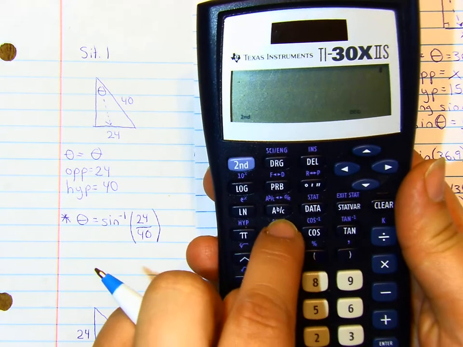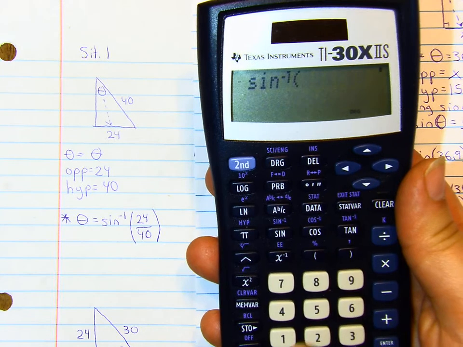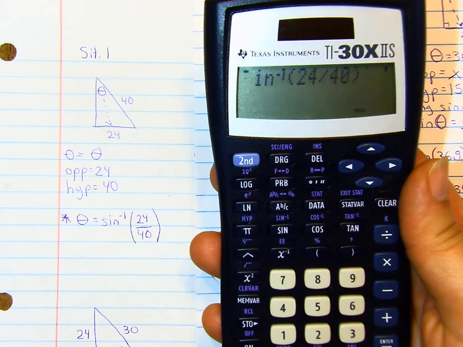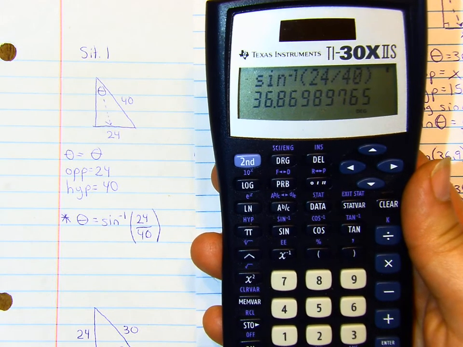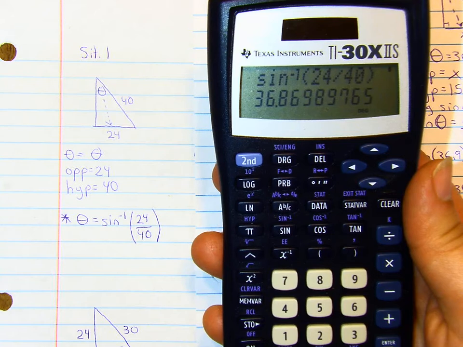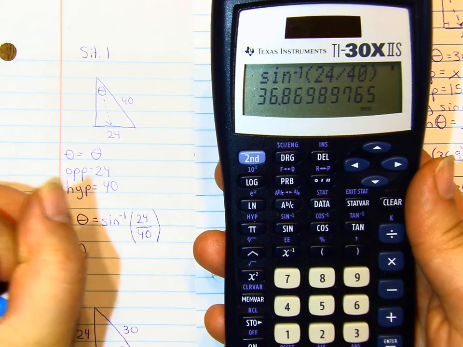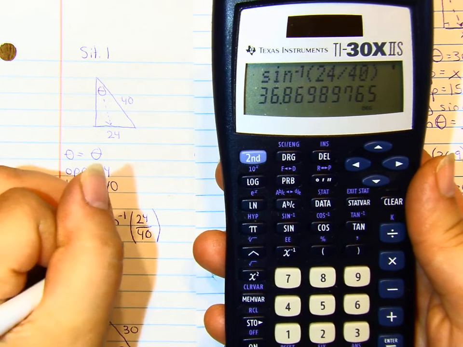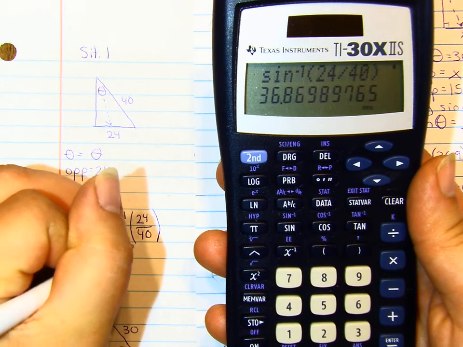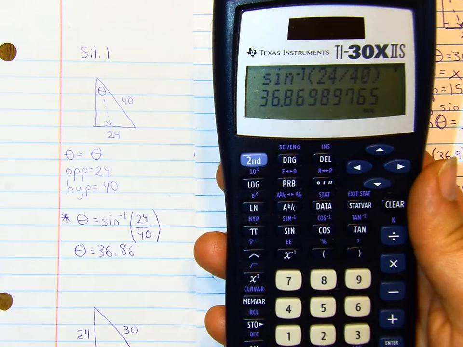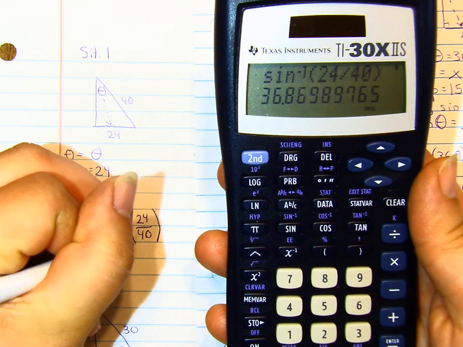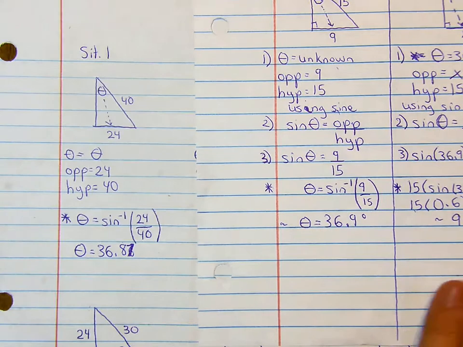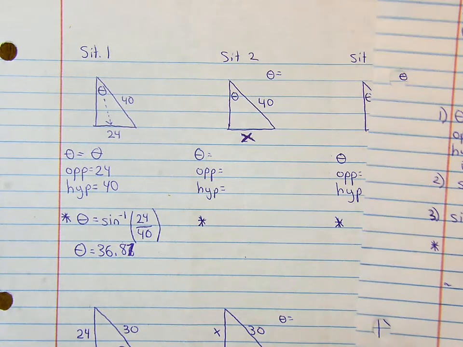Second, sine, 24 divided by 40. I have my angle. If you want to, you can do even 8.6 to keep it more accurate, or excuse me, 8.7 rounded. Okay, now I got my angle. Let's move on to the next one.